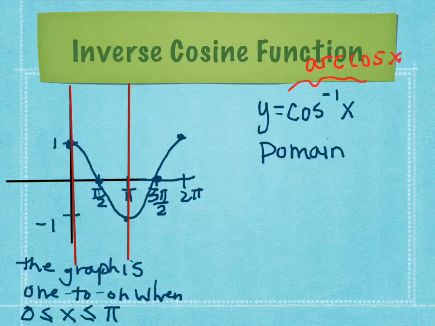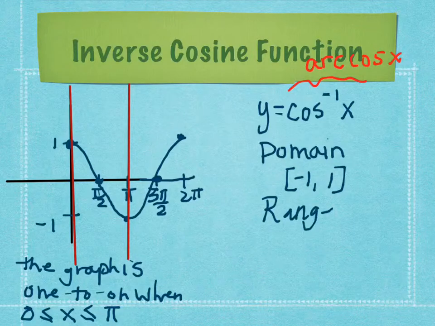So my domain for inverse cosine is -1 to 1. All right, so let's look at range. My range for inverse cosine is equivalent to my domain for cosine. What is my domain for cosine between my red lines?